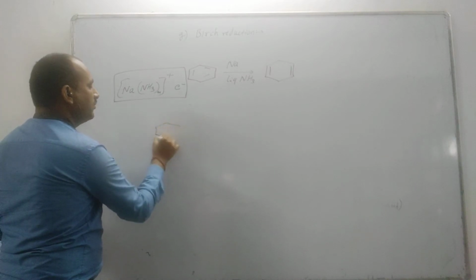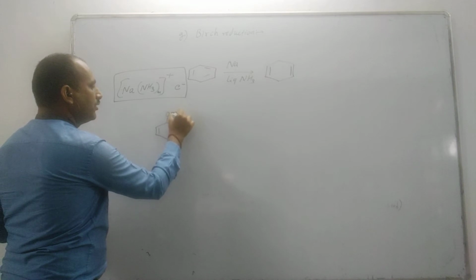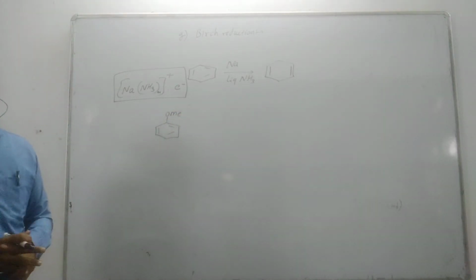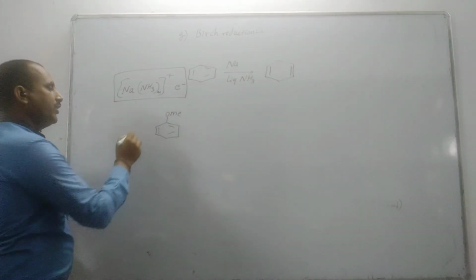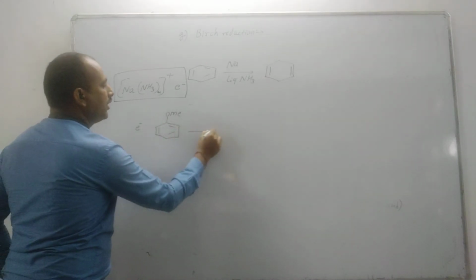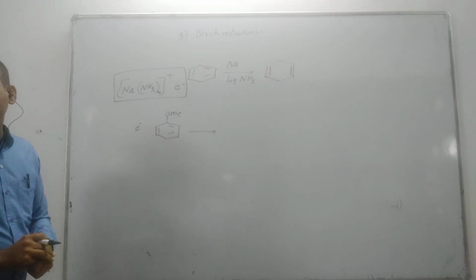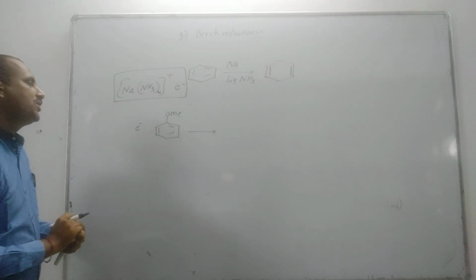Let's see the mechanism with anisole, and here the electron transfer takes place. So electron transfer occurs at the ortho position. So why is it at the ortho position?